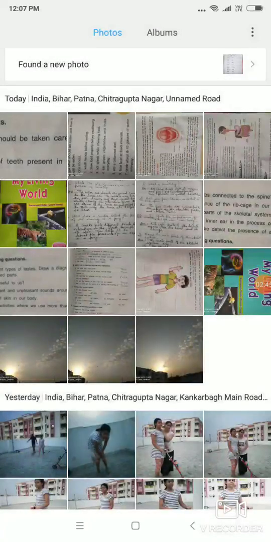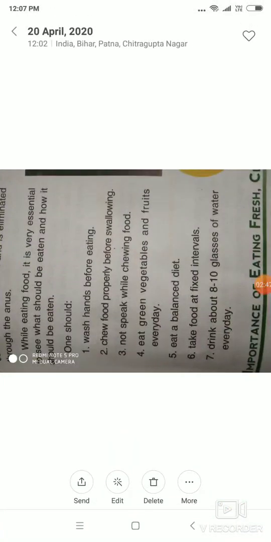Now see, now come to the good habits. So the question will be: list 5 good habits that should be taken care of at the time of eating food.